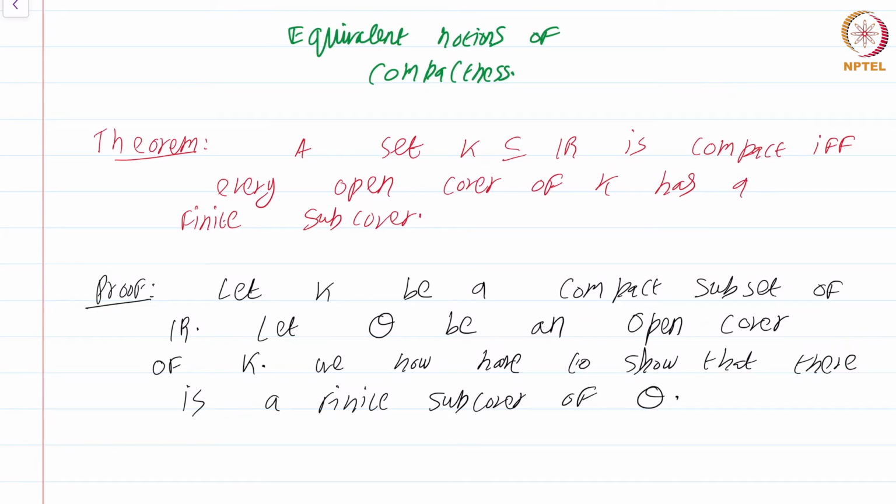Now, how do I show that there is a finite subcover of O? I have to use this Lebesgue number property. We know that with respect to K, O has a Lebesgue number.